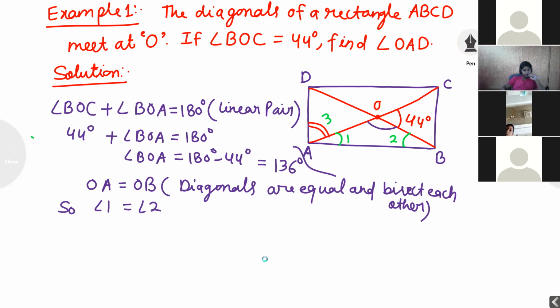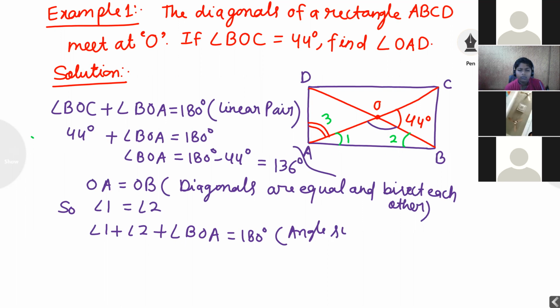Now note down, angle 1 plus angle 2 plus angle BOA is equal to 180 degrees. Why? Angle sum property of a triangle. I'm talking about angle BOA.